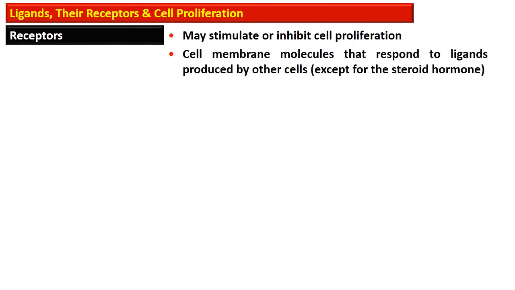There are many types of receptors. Some may stimulate or inhibit proliferation. These are cell membrane molecules that respond to ligands produced by other cells. The receptors for the steroid hormones are located within the cytosol.